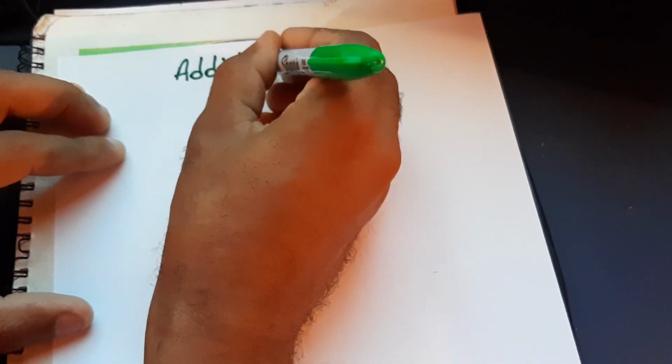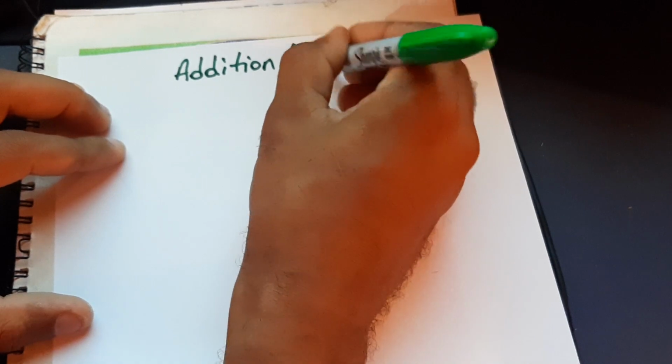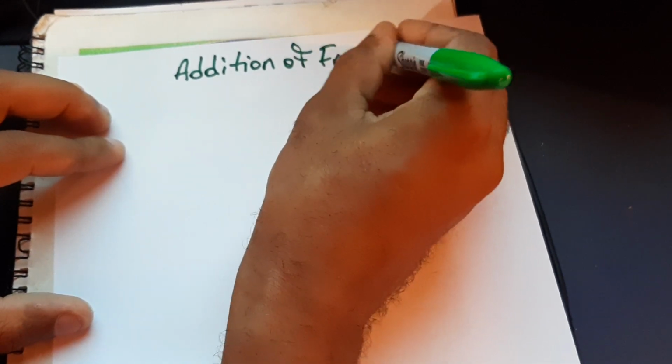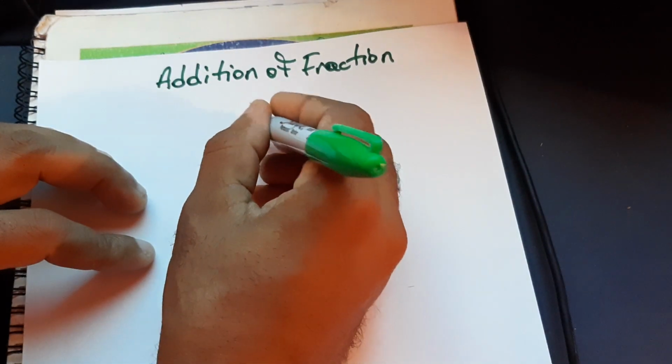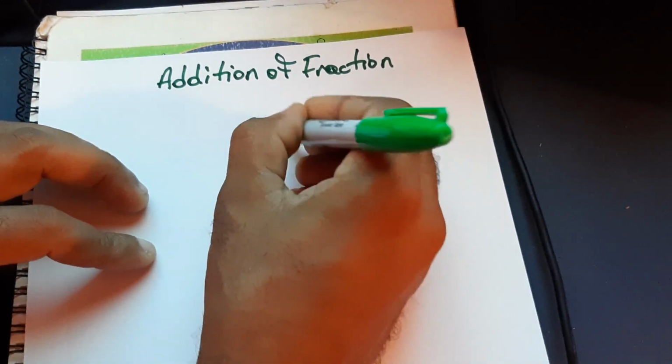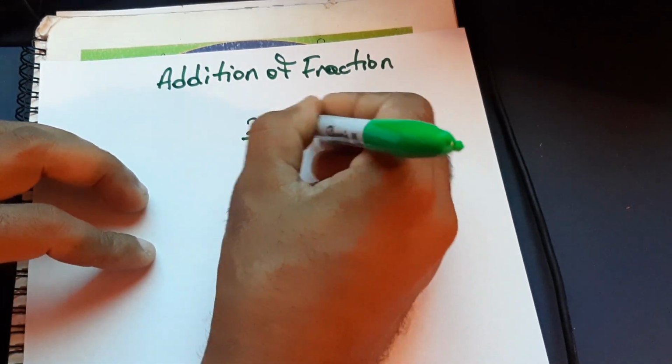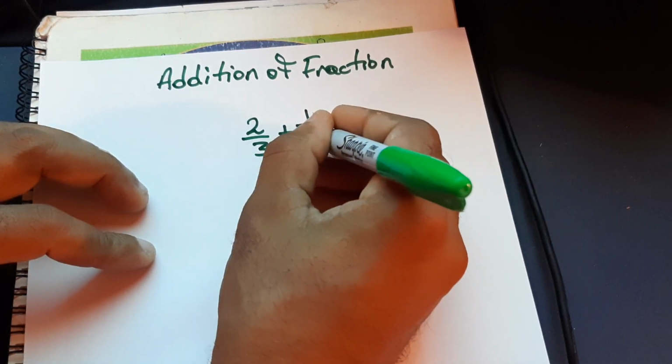So, addition of fractions. Now, when we're adding a fraction, let's say, for example, we have 2/3 plus a half.